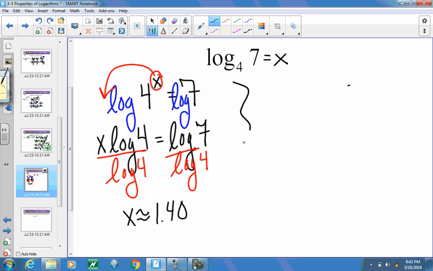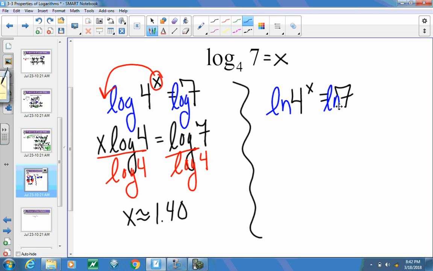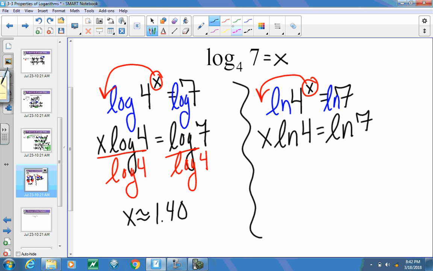You also can do this with natural logarithms. So again, if we're looking at 4 to what power is equal to 7, I can take the natural log of both sides, so just working with a base of e. The power is still going to come down out in front, so x times the natural log of 4 is equal to the natural log of 7.